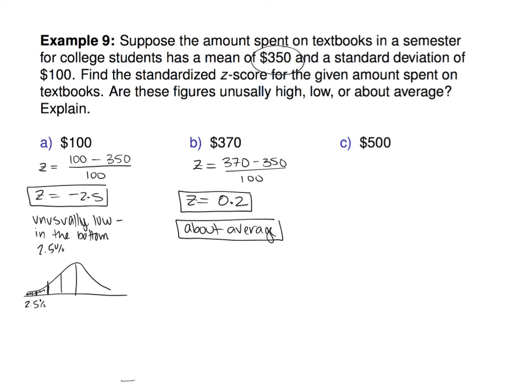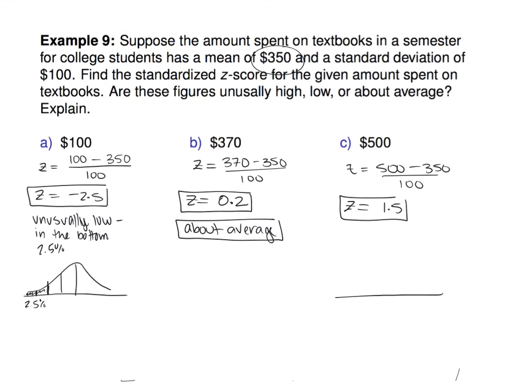Note that if you were the average, like if you had spent 350 exactly, your z-score would be 0. That throws you right in the middle. If you spent $500, the z-score is 500 minus 350 over 100, or that is 1.5.